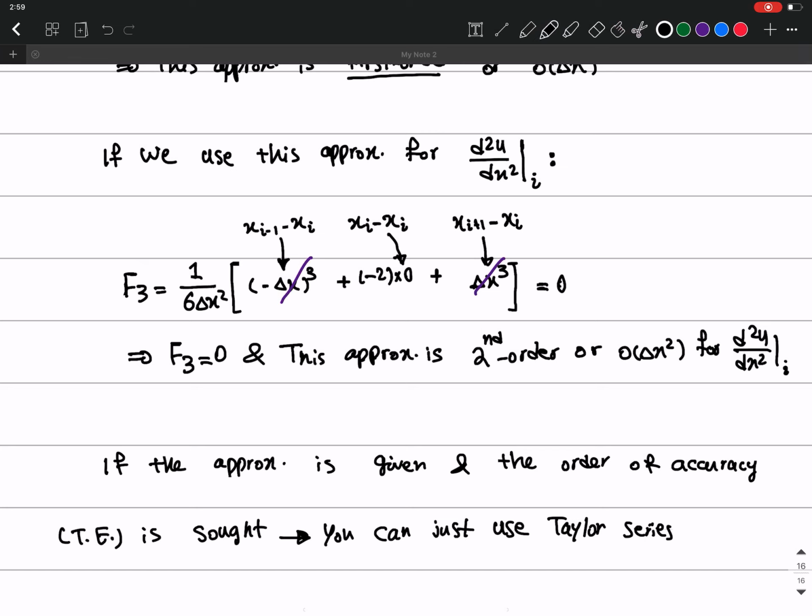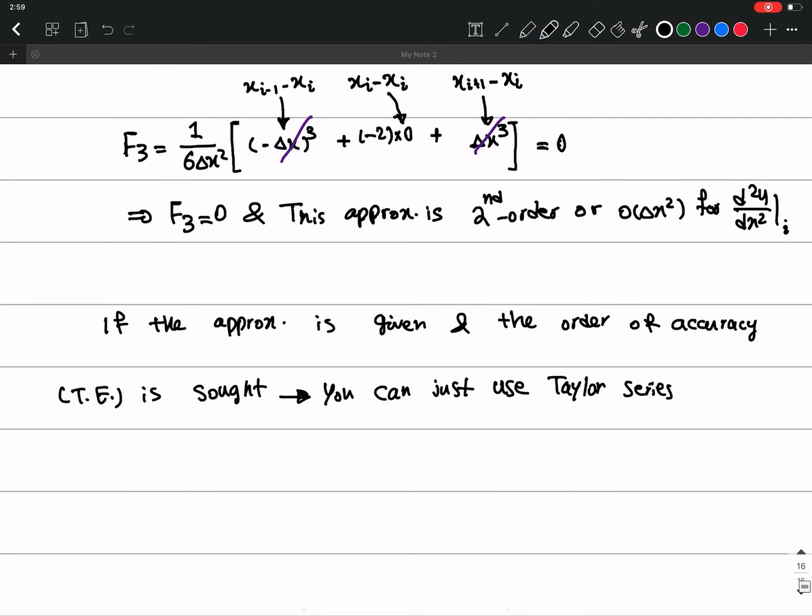By Taylor series, you can get the same answer or the same solution as what we got.